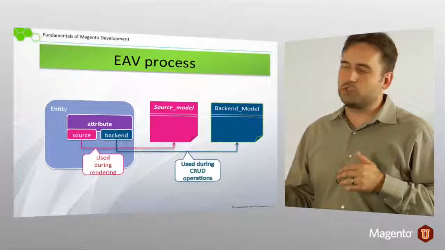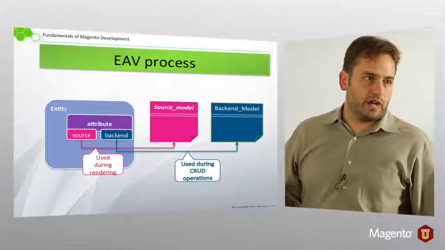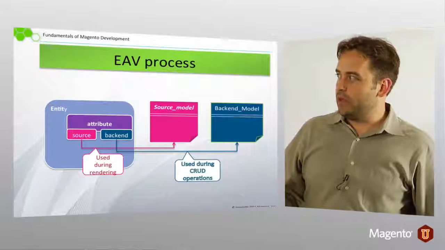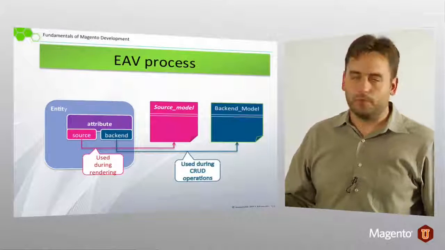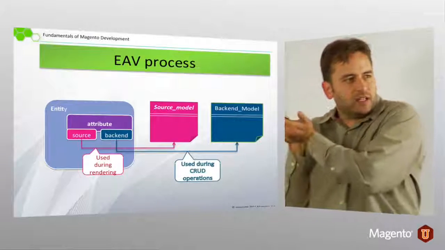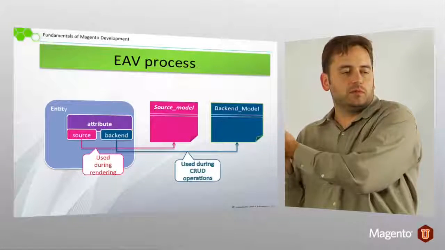It has source, backend, and front end. The source is used for rendering options, and the backend is used for storage. So obviously, we're at a fairly high level looking at the system, and this is about as deep as we go.